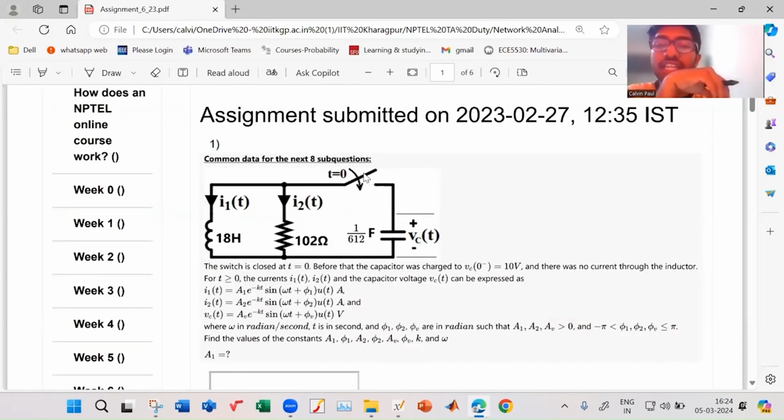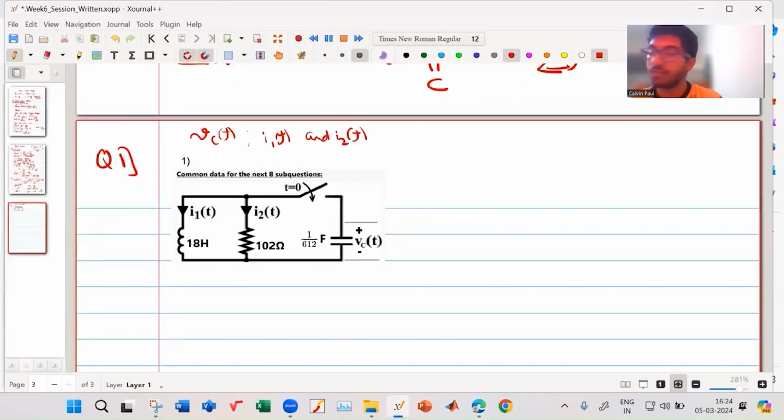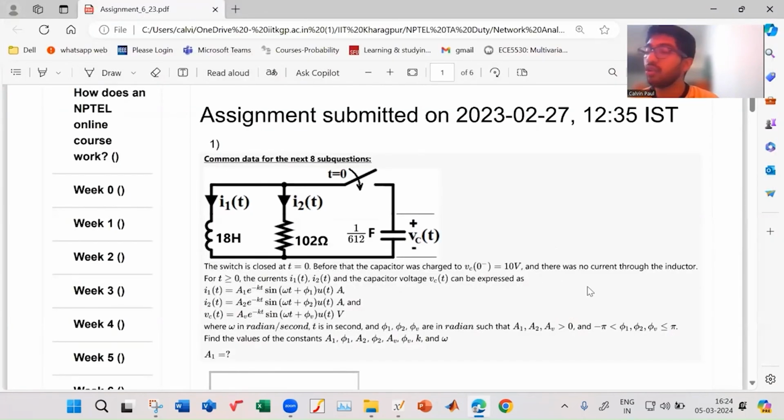Let us see what the question says. The switch is closed at t equal to 0. Before that, the capacitor was charged to VC of 0 minus equal to 10 volts, and there was no current through the inductor.